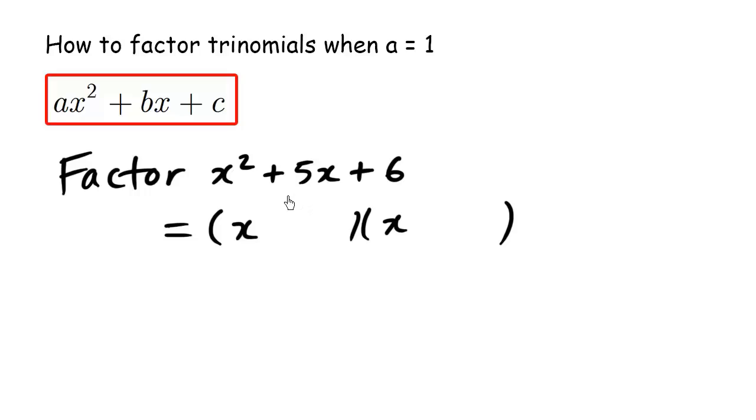We're just going to focus on the number parts only. So what two numbers multiply to be positive 6, yet add to be positive 5? I'm just focusing on the coefficient of x here.